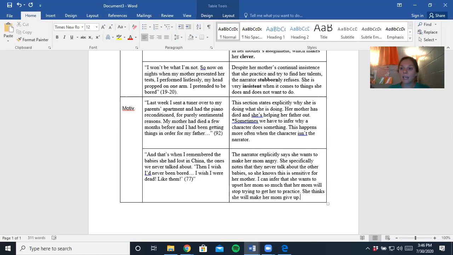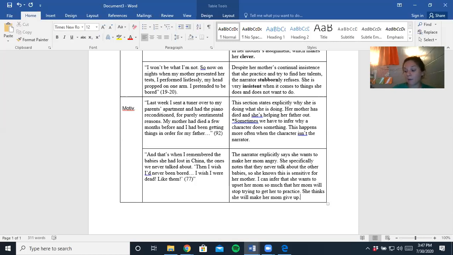Okay, so I've really analyzed why she makes a couple of the decisions she makes, and that can really help us understand our character better. So I want you guys to take the time to think about a couple of points in the text where maybe the mother does something shocking or does something really passionate or confusing. And I want you to really analyze why the mother does those things.